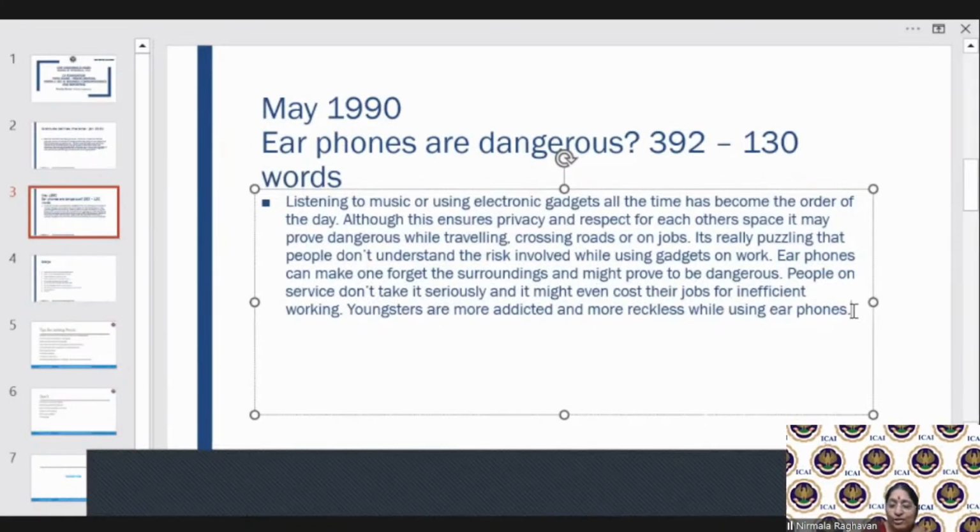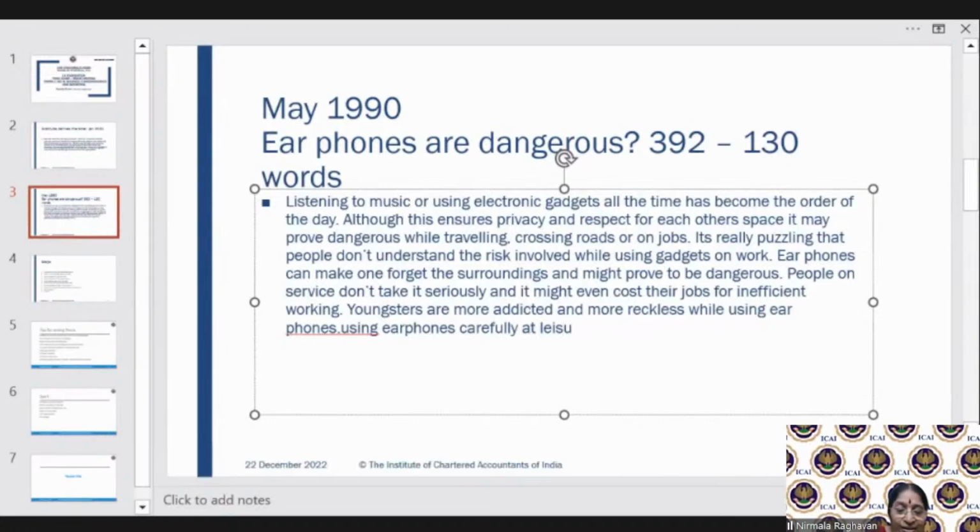Using earphones carefully at pleasure is a pleasure. Okay. So that's one sentence. This iPod thing, Ritu, what's that? Well, I have to go back to the question paper now. Quick. Okay, we can add one more sentence. I leave it to you.